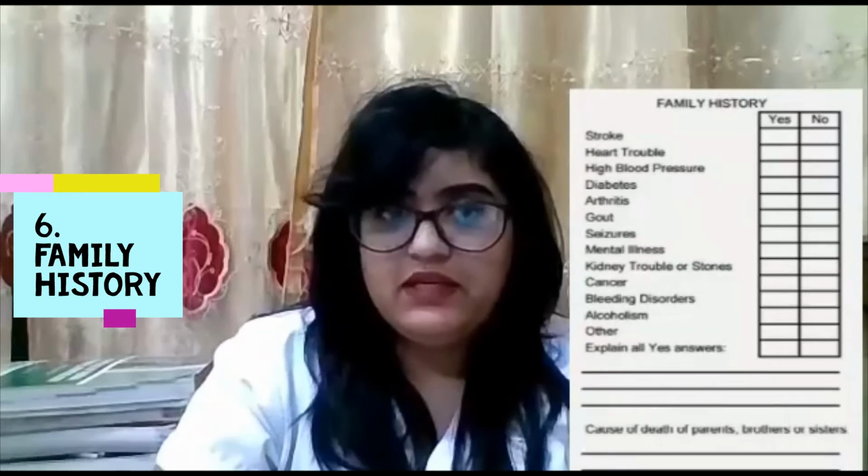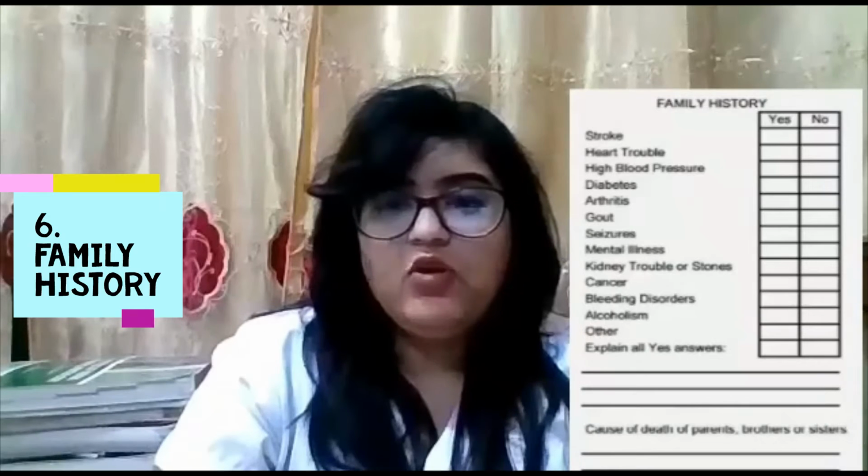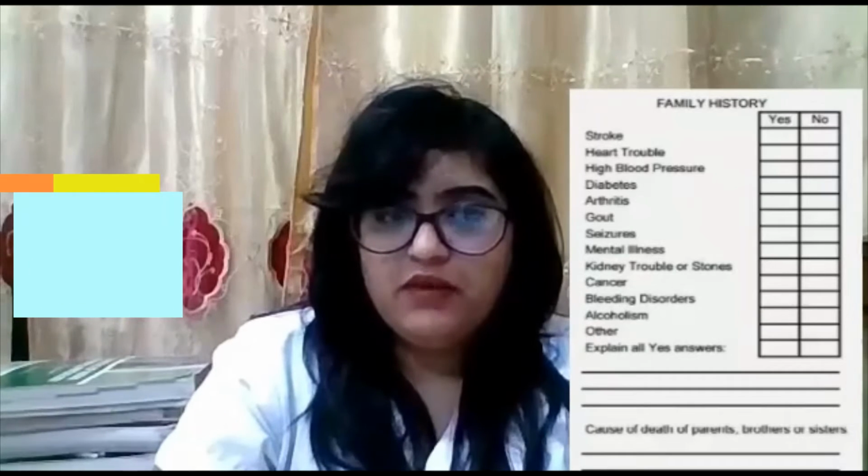Sixth is the family history. It documents the health status of the family. Common hereditary familial diseases like hypertension and diabetes are asked. Another way to obtain data is using a genogram. It is a graphical representation that looks up the health details of the family.